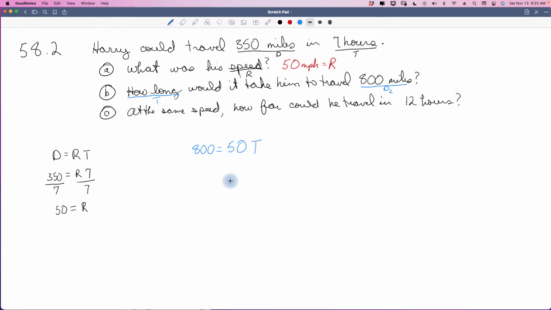That's our time. So we're going to do the same thing we did before, only this time we divide by the rate instead of the time. So we divide everything by 50, and this cancels out. 50 over 50 is 1t, right? 800 divided by 50, I believe, is going to be 16.